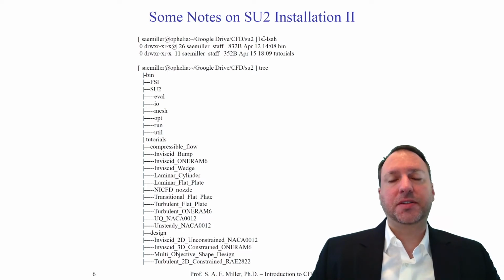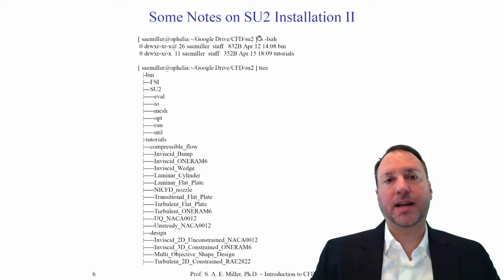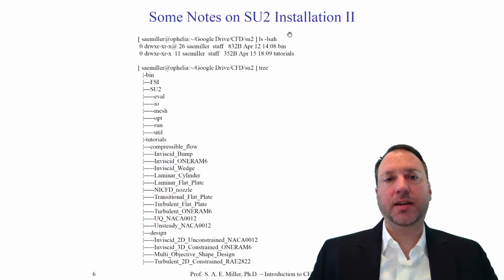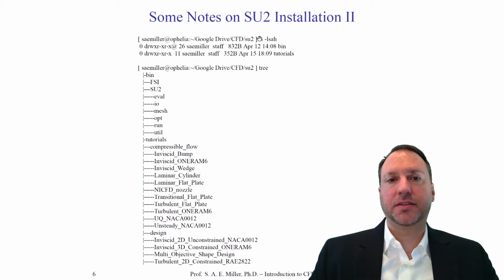So I can go into this directory with the cd command on Windows in the terminal or Mac on the terminal, and I can type ls. ls stands for list, and I use the option -lsah. This command, ls -lsah, will simply show me in a human-readable list format the subdirectories in this folder.